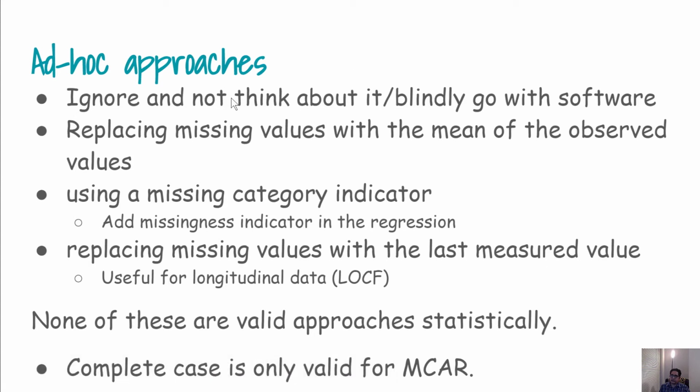The first approach is to not think about the missing data problem at all and blindly go with whatever software result is giving you. So you just run a regression model and you don't really know or don't really care about what the software did to come up with that result.